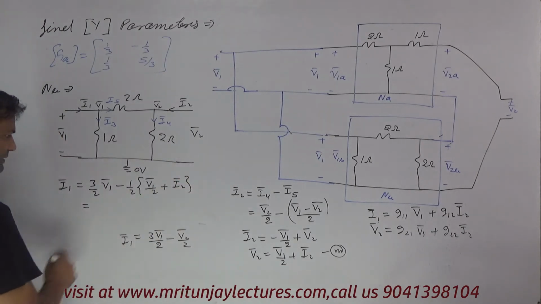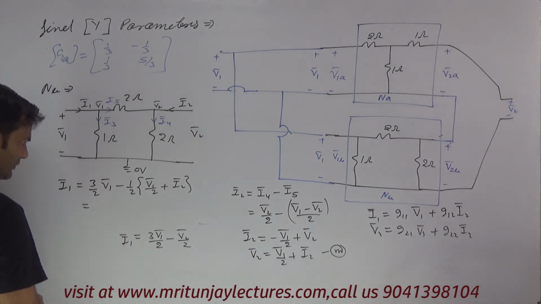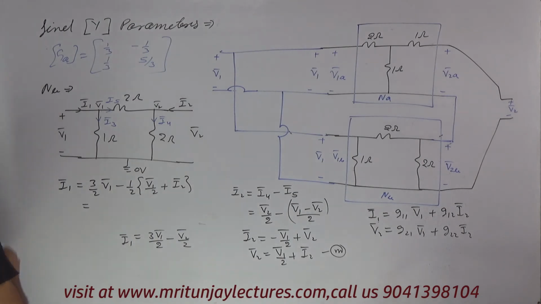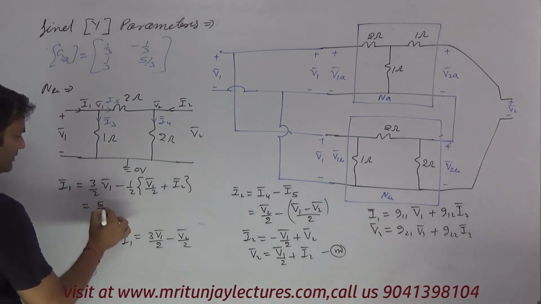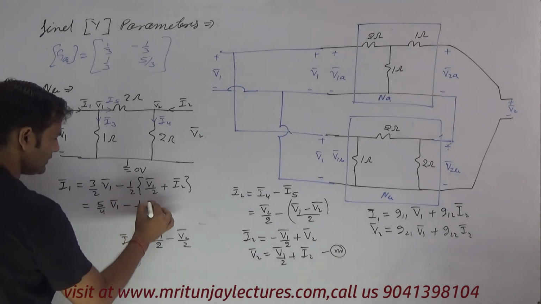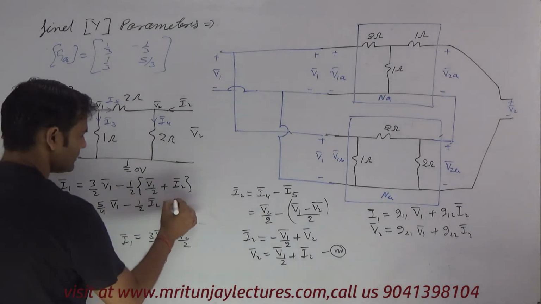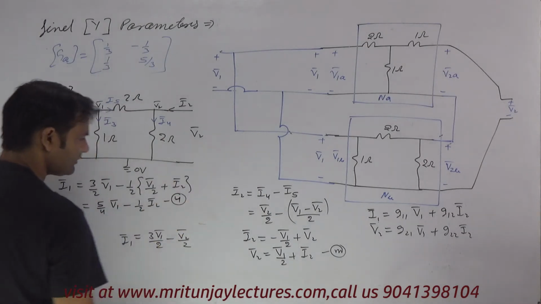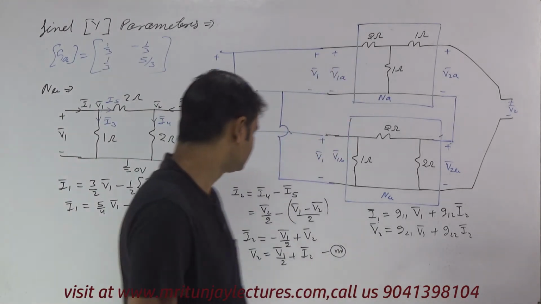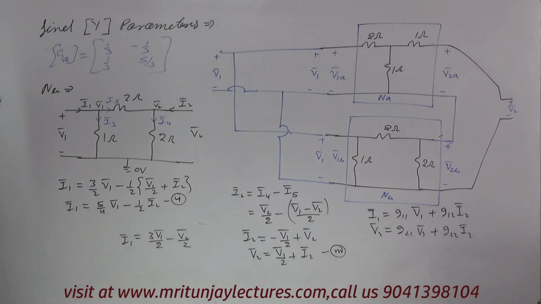It is written as 5 by 4 V1 minus 1 by 2 into I2, that is I1, equation number 4.